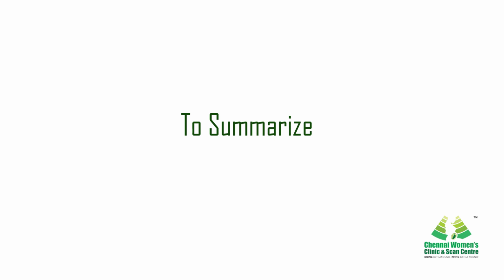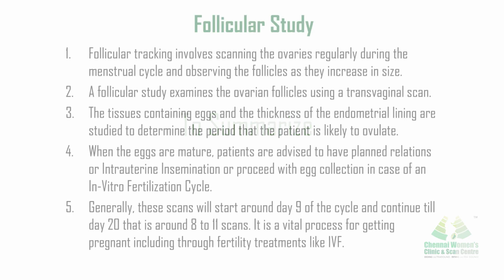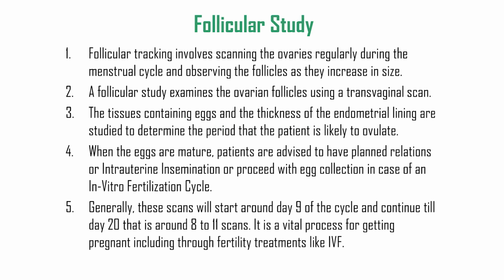Follicular study. To summarize, follicular tracking involves scanning the ovaries regularly during the menstrual cycle and observing the follicles as they increase in size. A follicular study examines the ovarian follicles using a transvaginal scan. The tissues containing eggs and the thickness of the endometrial lining are studied to determine the period that the patient is likely to ovulate.